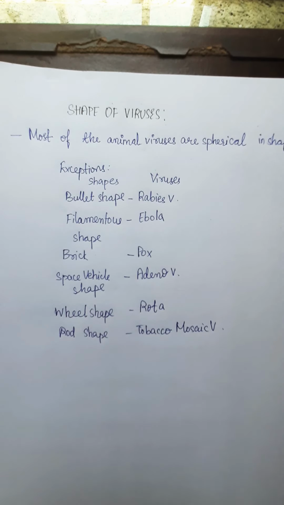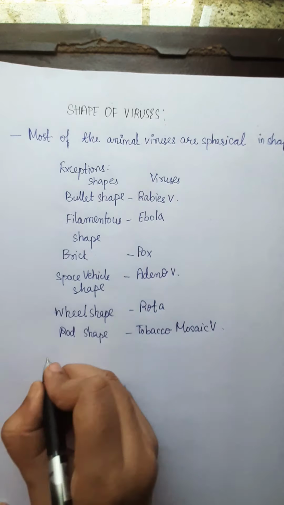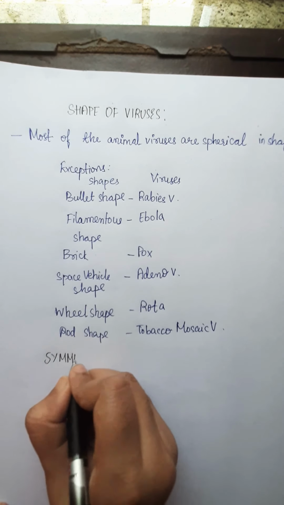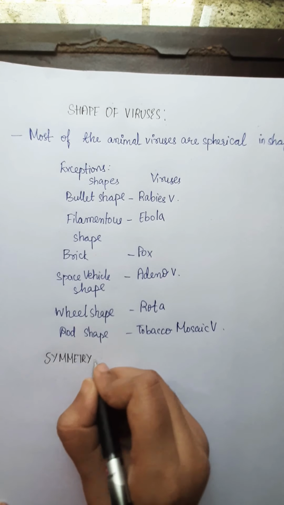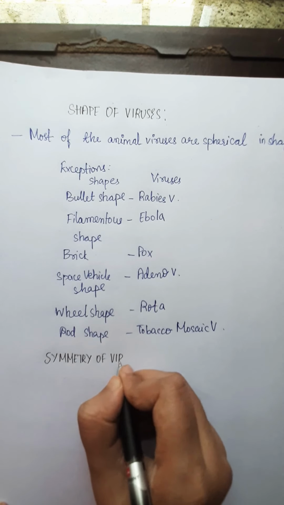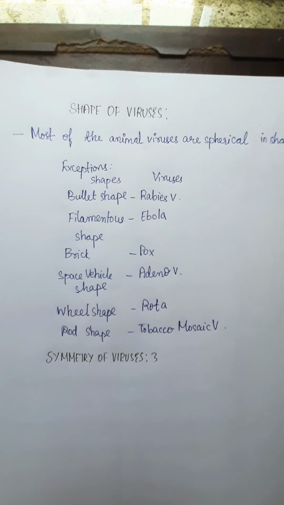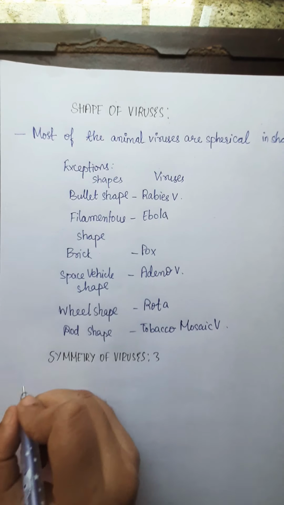Now discussing the symmetry of viruses. Capsid is also responsible for the symmetry of viruses. There are three types of symmetry: icosahedral symmetry, helical symmetry, and complex symmetry.